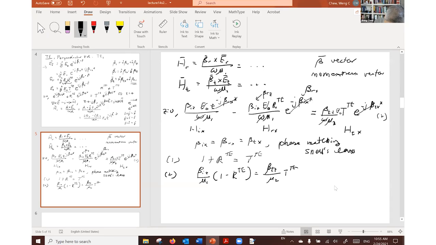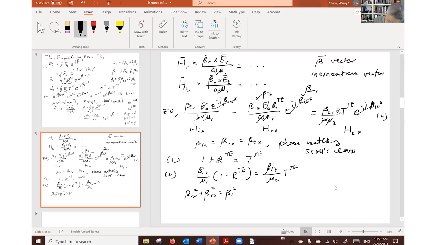If I had been careful about what I did, but I was not too careful, so I just wrote them as beta_ix. But we know that these are plane wave solutions in two different regions. Because they're plane wave solutions, it has to be true that beta_ix squared plus beta_z squared is beta_1 squared.